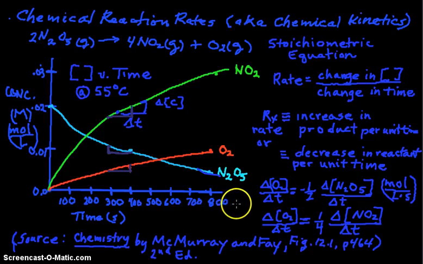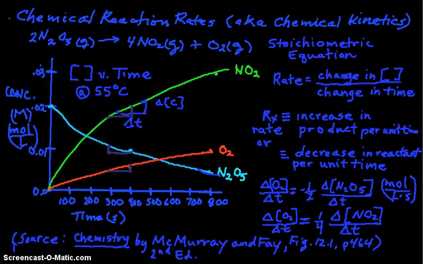So I've got some data from an actual experiment. So what I'm going to do is calculate the slopes of these lines from that data and show how these relationships between the rates for each molecule is verified.